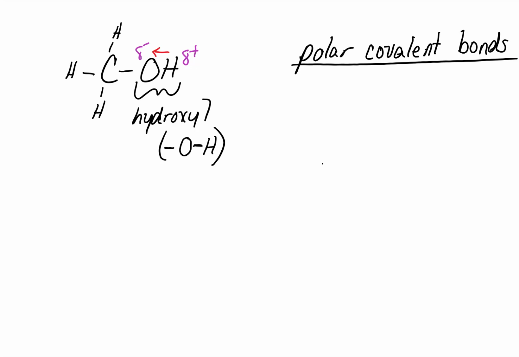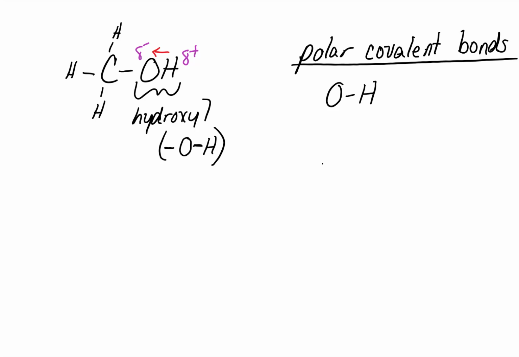Those two atoms have a very high electronegativity compared to other atoms on the periodic table and other atoms that make up our biological molecules. So a polar covalent bond, an example of that would be an oxygen that is covalently bonded to a hydrogen atom.